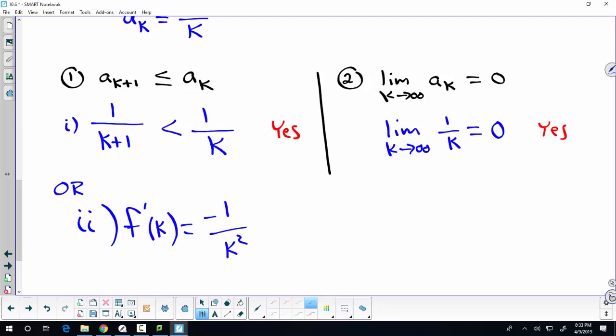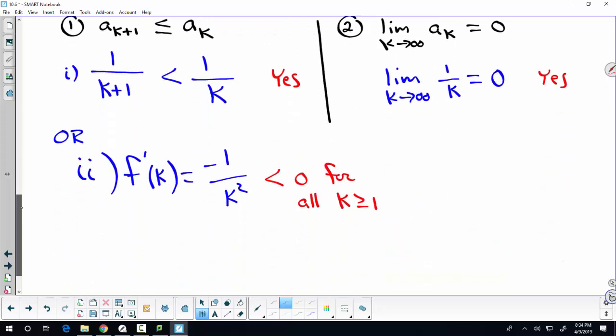The derivative is always negative, right? So the terms are decreasing. Just because the series is starting at 1.